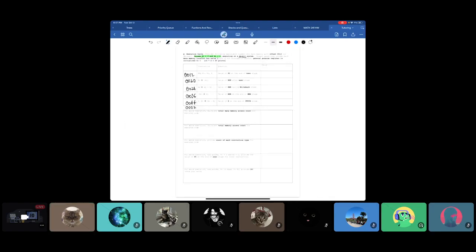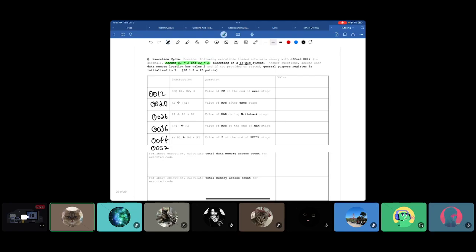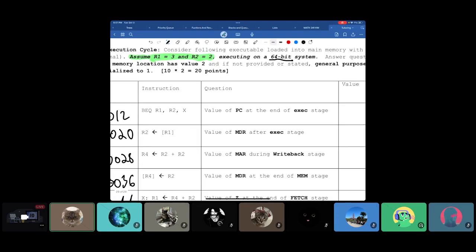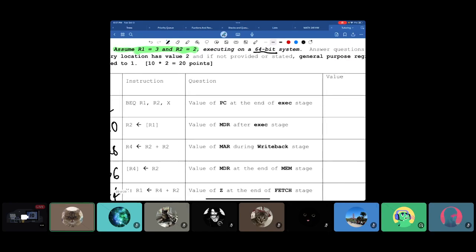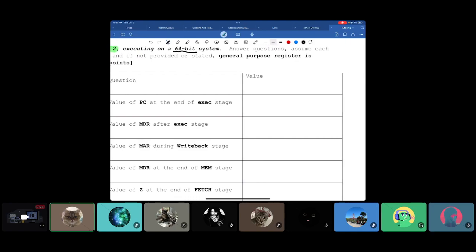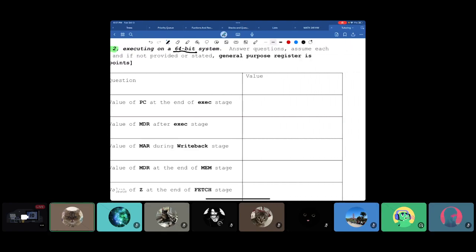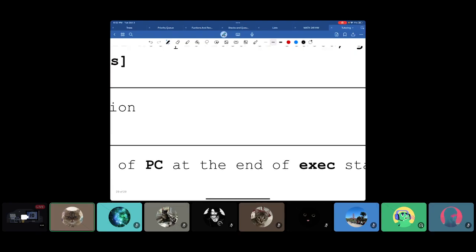Okay. So then we now have to fill out the values, right? But we first have to read this next part where it says answer the questions. Assume each data memory location has a value of 2, and if not provided or stated, general purpose registers are initialized to 1. So let's say in our program, memory location X pops up.